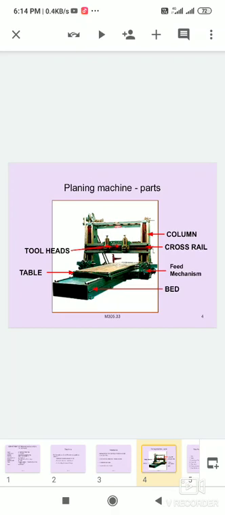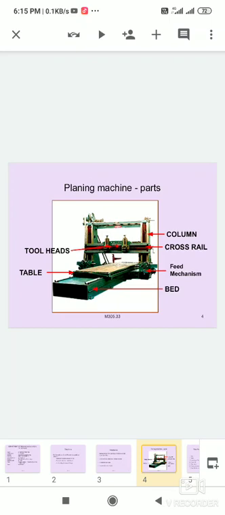It occupies more space, and it is a heavy machine made of rigid material, cast iron or grey cast iron. The work table also has T slots.